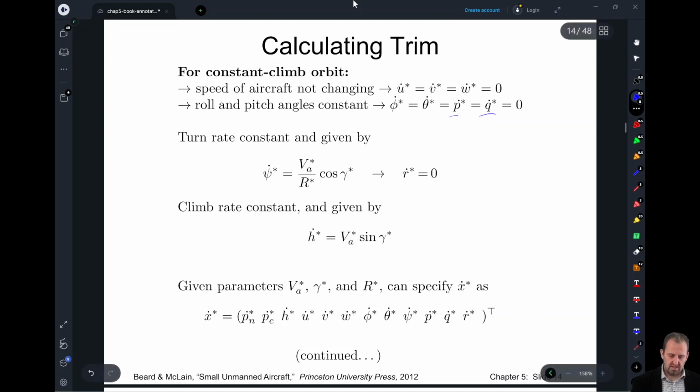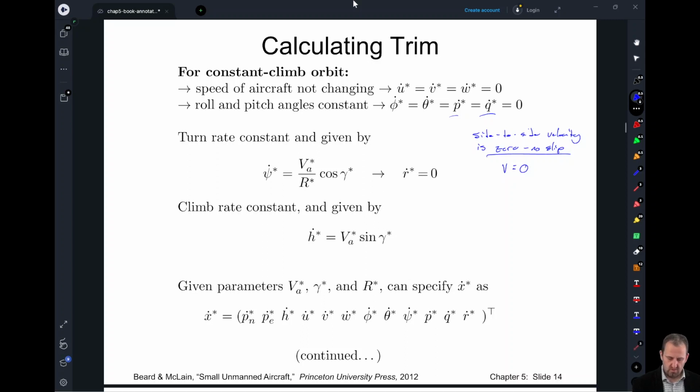We're also going to say, not listed here, that our side-to-side translational velocity is 0. So we're not slipping. What that means is that v is equal to 0. Recall that v is our velocity in the y-axis on the body frame, so going out the wing, our velocity is going to be 0. Excellent.